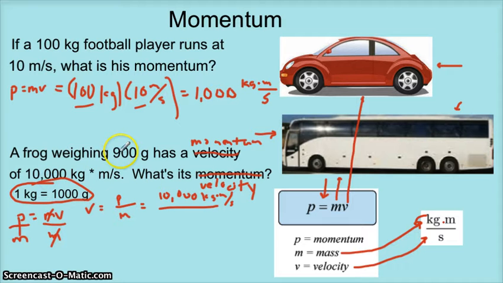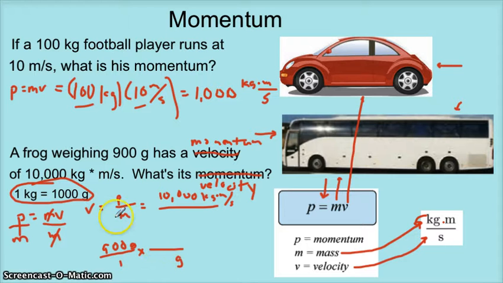It is 900 grams, but kilograms is what this is supposed to be in. So we have to convert this to kilograms, and you can do this down at the bottom. This is one where you could probably just figure this out in your head. But if I have 900 over 1, and that would be 900 grams, I'm going to put the grams diagonally.